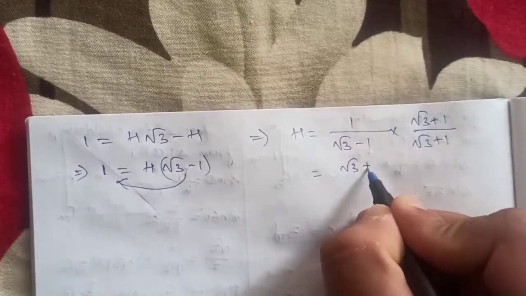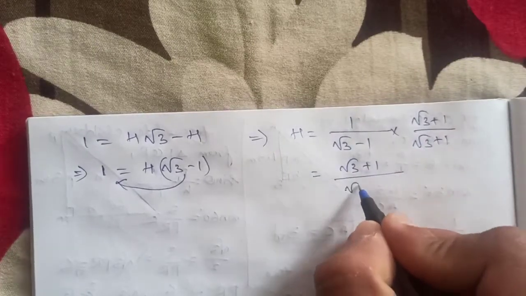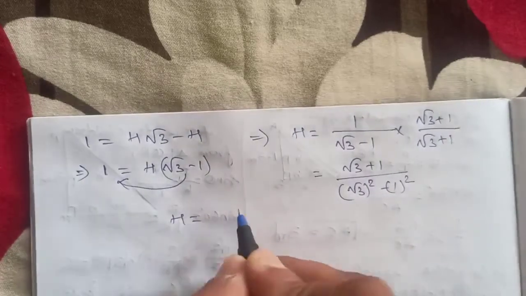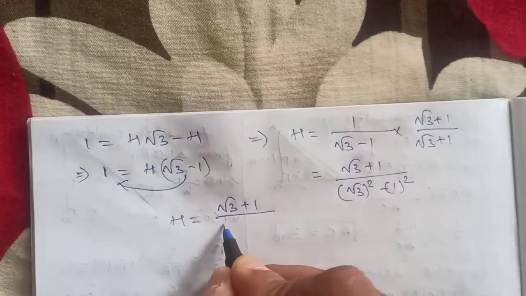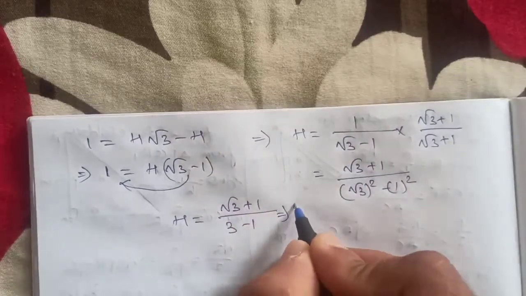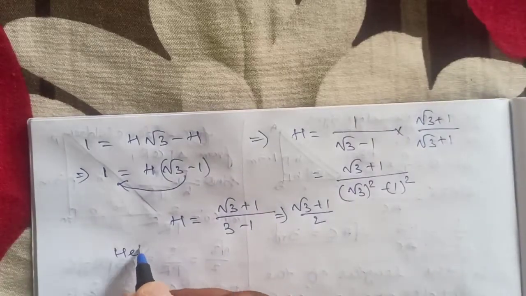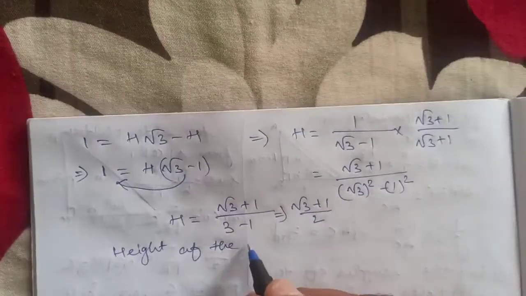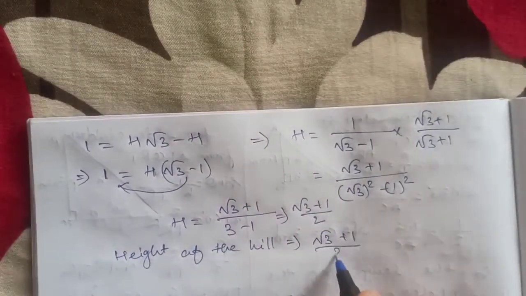Using (a minus b)(a plus b) equals a square minus b square, we get h equals root 3 plus 1 by 3 minus 1, which is root 3 plus 1 by 2. So the height of the hill is root 3 plus 1 divided by 2.